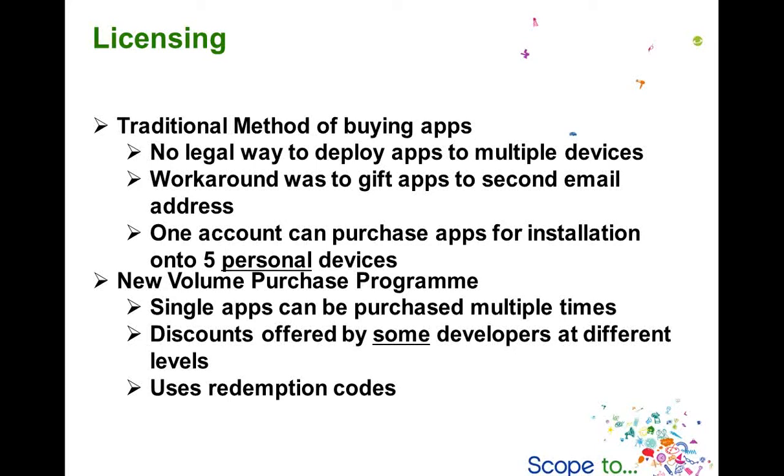So the way that you got around it was, if we had 5 or 6 applications that we purchased, to use the gifting system, and this was the way that Apple actually suggested was the way around this. As in, if you had one iTunes account, user X, that account would be connected up to your credit card, but you would be able to purchase apps from that account and gift them to another email account that you didn't use on iTunes.